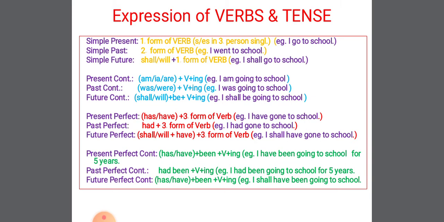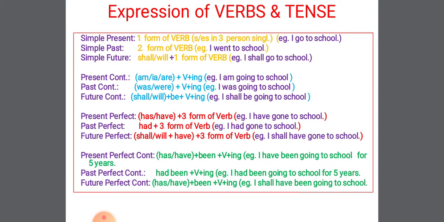वे स्कूल जाता है, वे स्कूल जा रहे हैं, वे 3 साल से स्कूल जा रहे हैं, और वे स्कूल गए. So if we see the expression of these 4 sentences, we are actually using different forms of verb.